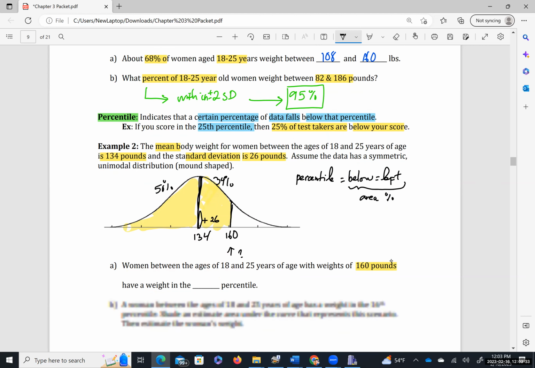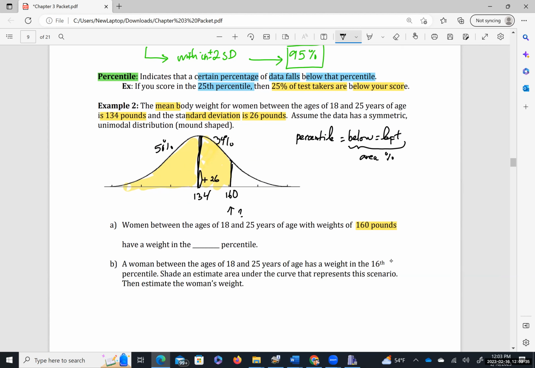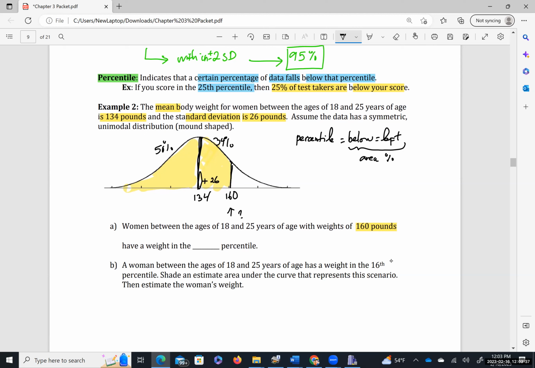So I'm going to add 50 plus 34 and I get 84%. So I'm going to say 160 pounds is in the 84th percentile. Is that what I said?